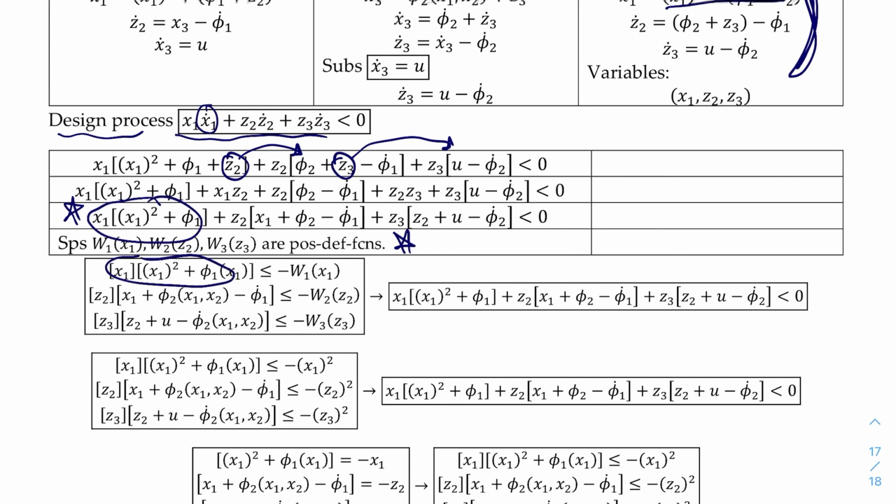So this is the expression, and look at this term and this term and this term and this term. So now the problem becomes this, because this implies this.